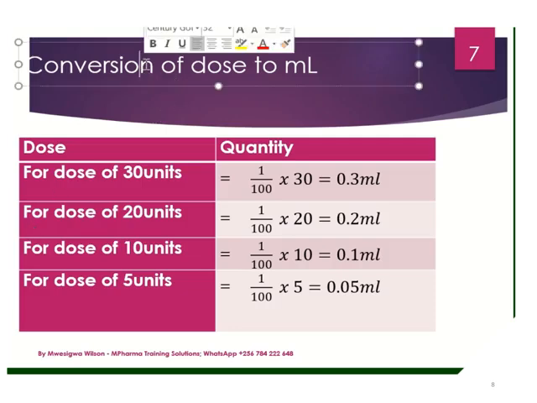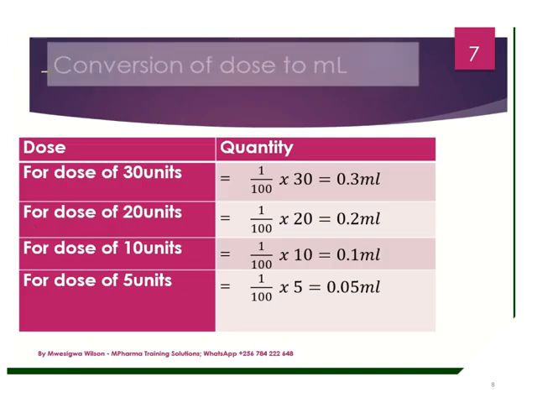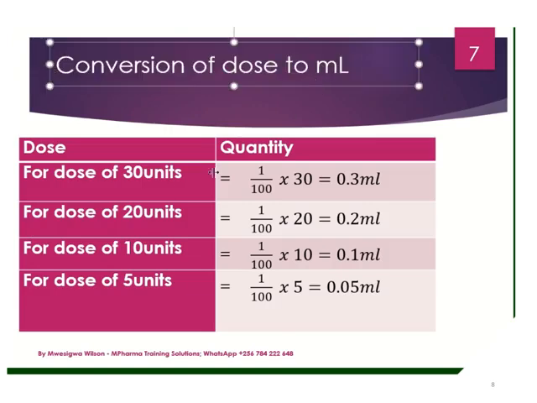I have these doses here. How do you convert between units and mils? If the dose is 30 units, 1 over 100 times 30 gives me 0.3 ml which can be administered. This is an easy calculation because we have that interconversion on the strength. Always follow that.